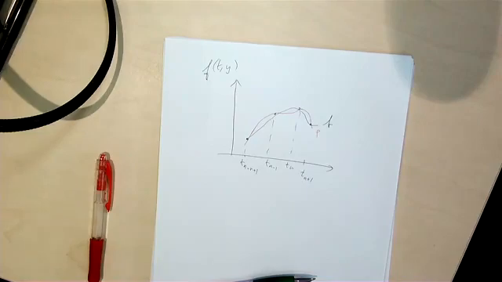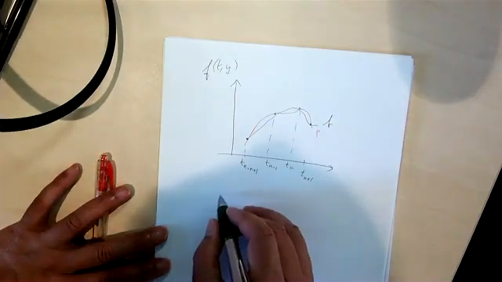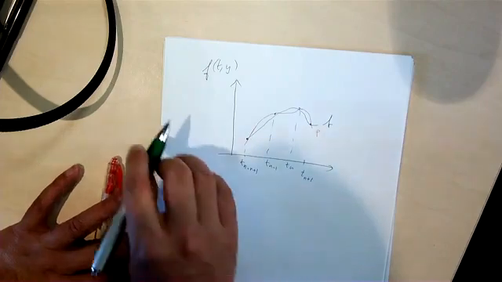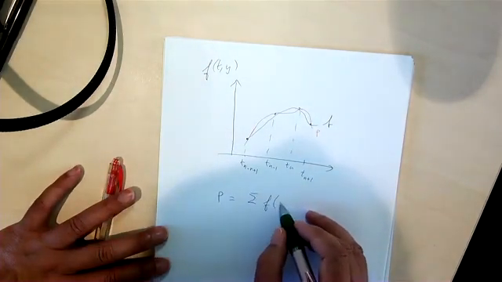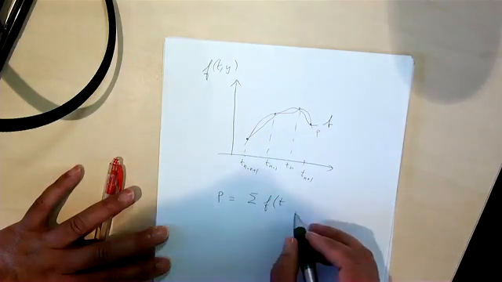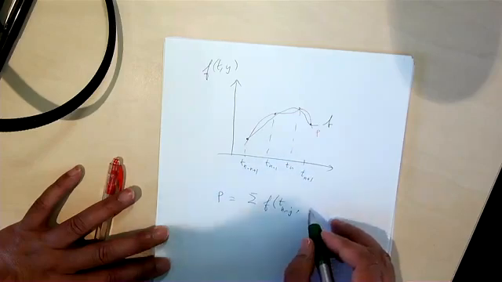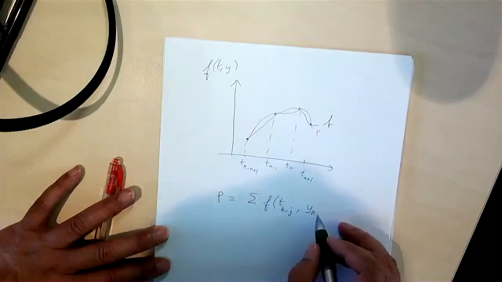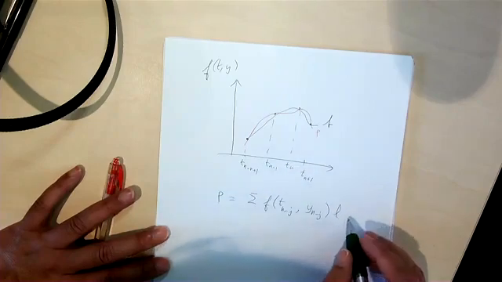So like before, you have to construct the polynomial. So p will be of the form sum of f of Tn minus j, yn minus j, times l n minus j, yeah?